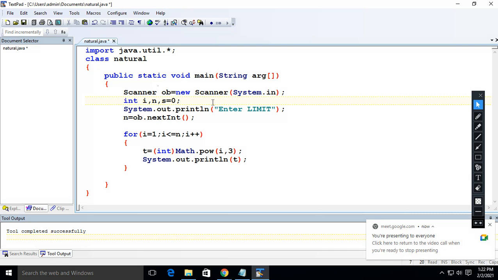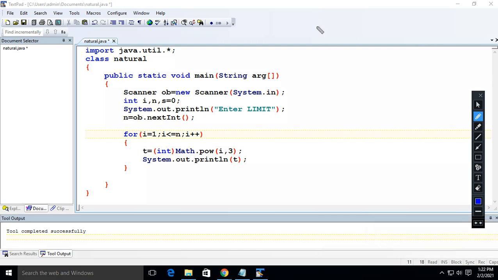Why am I doing s equals to 0? Because we are going to generate the result in a variable s. The question is to print the sum of natural numbers up to the limit. The natural numbers have to start from 1 up to the limit, so that is why we are generating a loop with i plus plus. Is it clear?